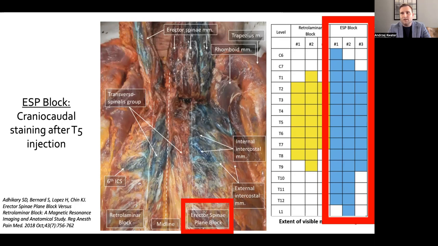So anywhere from 9 to 14 dermatomal levels, I believe, is what they were able to depict in this cadaver study. And so this goes to show that with a single injection, high volume injection, you know, oftentimes 30 cc's of local anesthetic, you can get effective spread in both the cranial and caudal direction to cover several dermatomal levels.